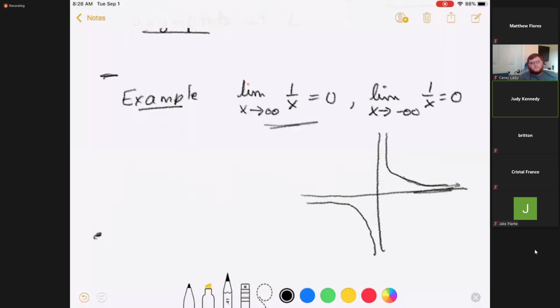Likewise, you get y equal to 0 as a horizontal asymptote in the negative direction, because if you take, say, minus 1,000,000,000 for x, 1 over minus 1,000,000,000 is a small negative number, pretty close to 0. So 1 over x has y equal to 0 as a horizontal asymptote.